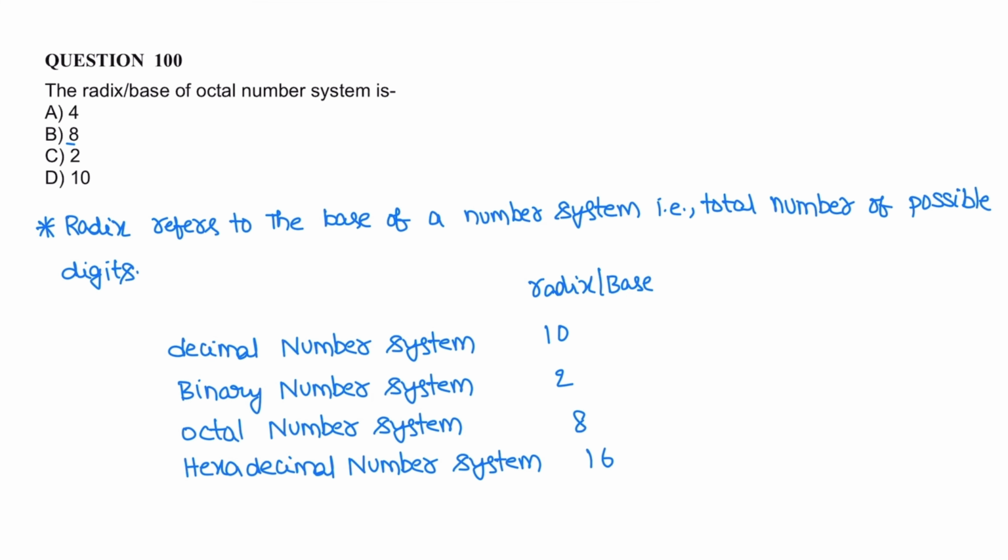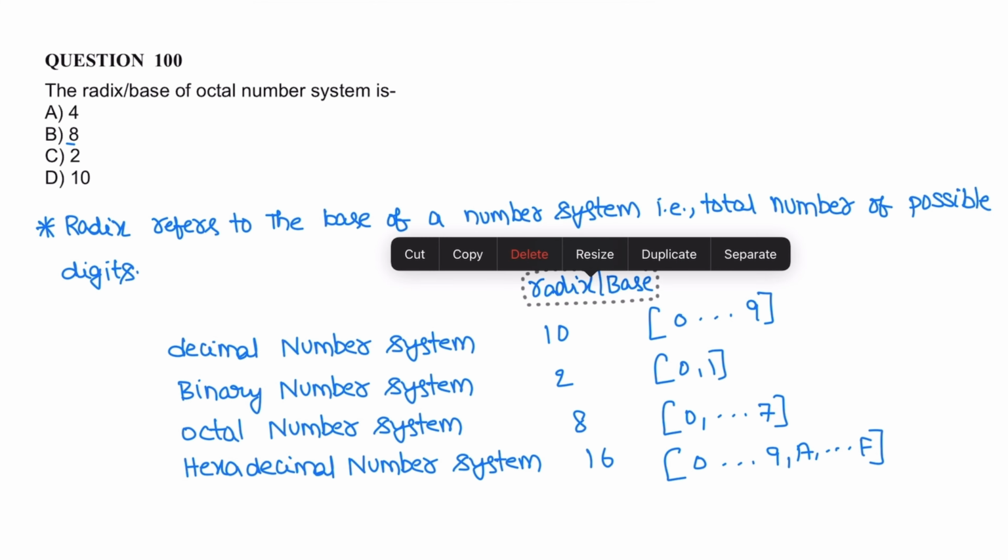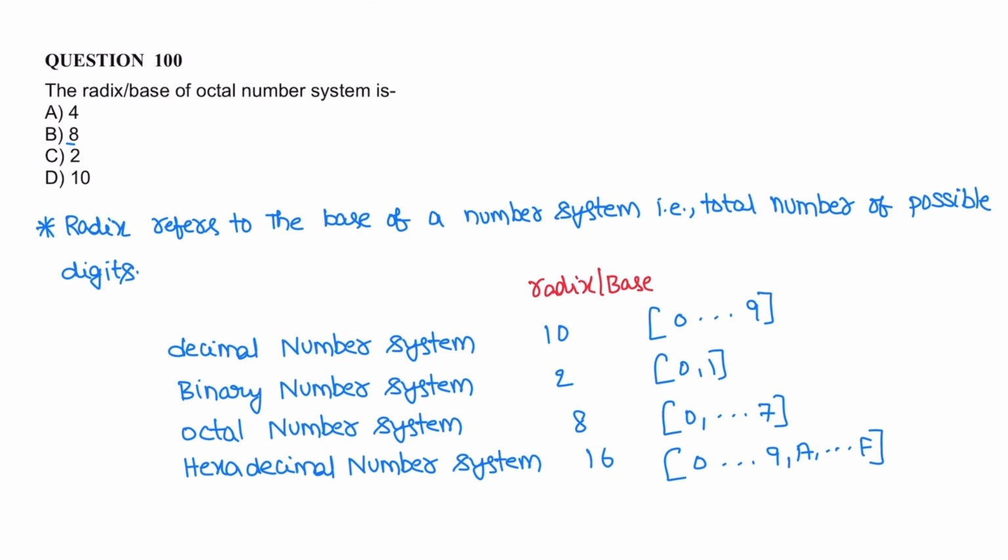The digits in the decimal number system with radix 10 are 0 to 9. In binary, 0 and 1. In octal, 0 to 7. In hexadecimal, 0 to 9 and then A to F. So for the octal number system, the base or radix is 8. Correct option is B.